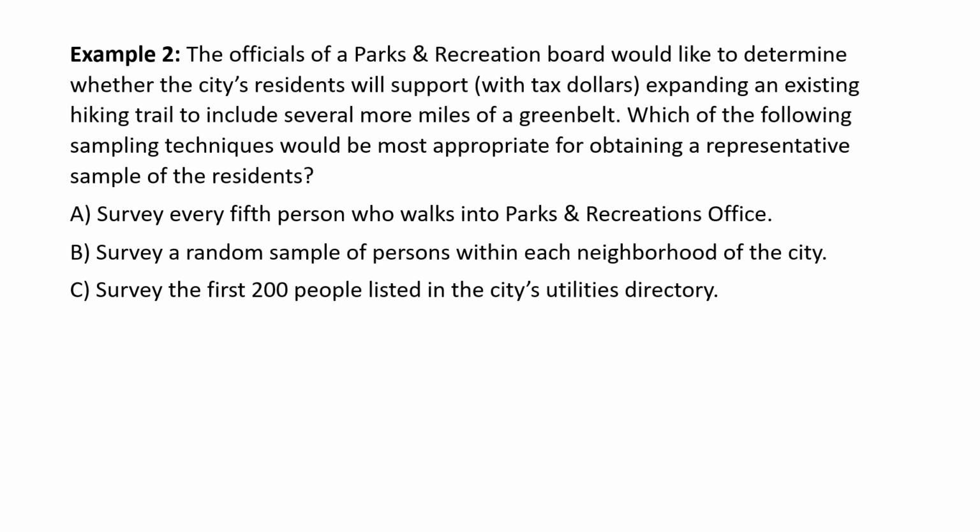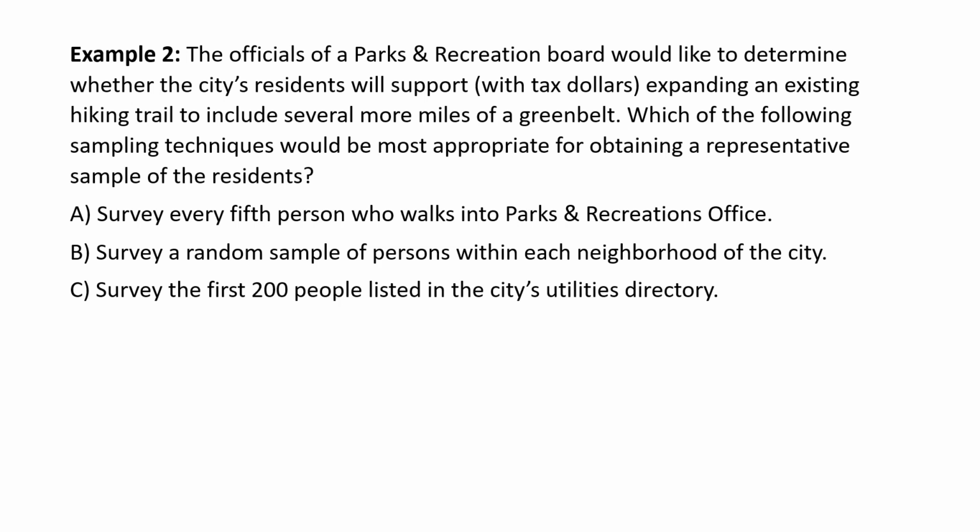Example: the officials of a Parks and Recreation Board would like to determine whether the city's residents will support, with tax dollars, expanding an existing hiking trail to include several more miles of a greenbelt. Which of the following sampling techniques would be most appropriate for obtaining a representative sample of the residents?